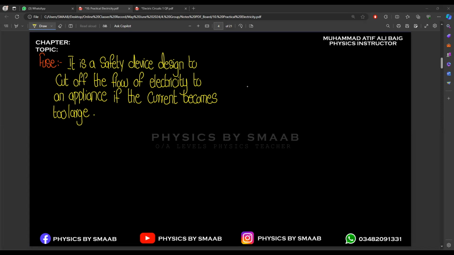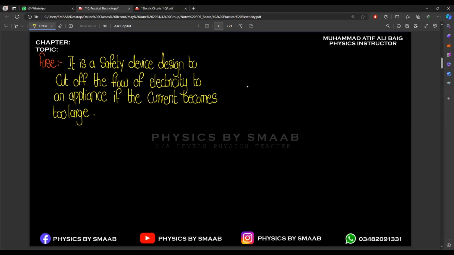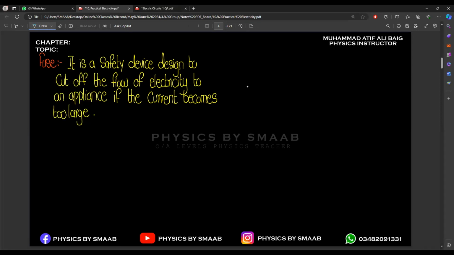When electric current passes through the fuse and the value of current exceeds the normal value rated for the fuse, it will cut off your electricity supply to the components. So your components will be safe in case of any fluctuation or increase in electric current value in your circuit.